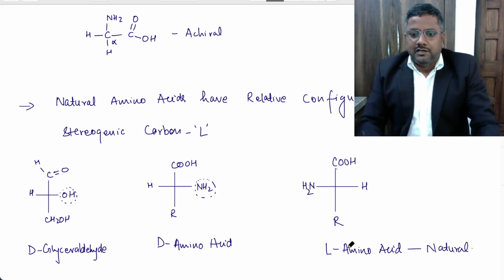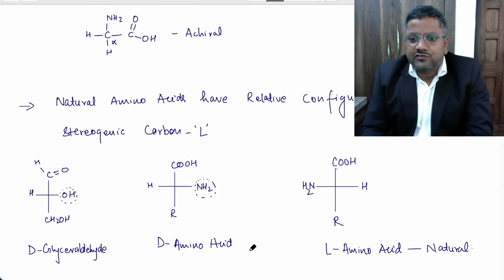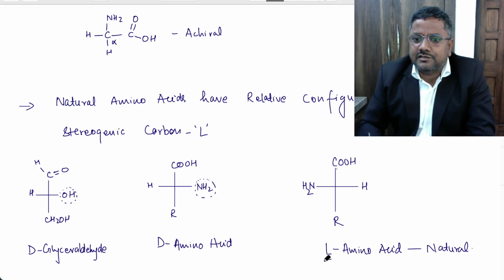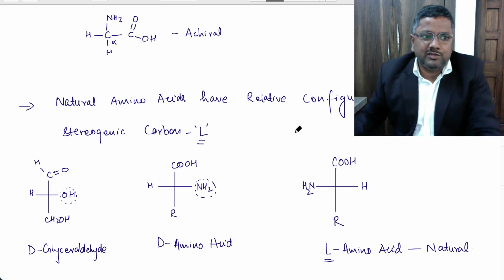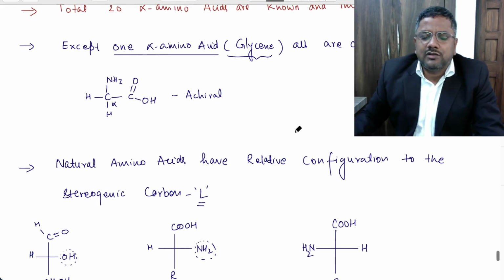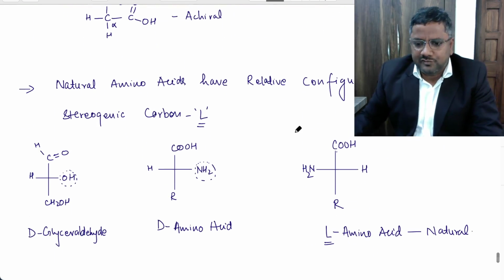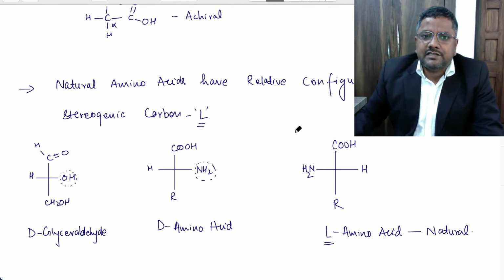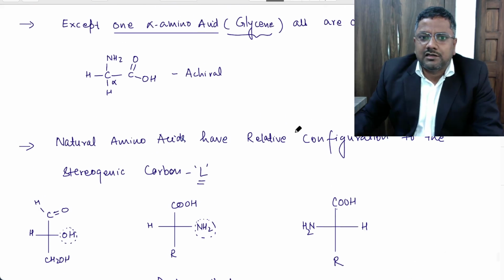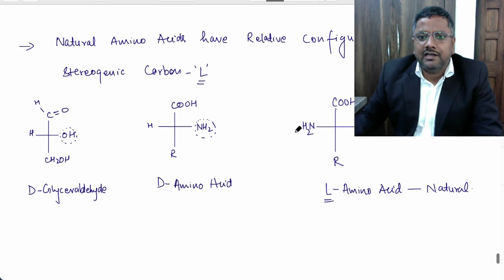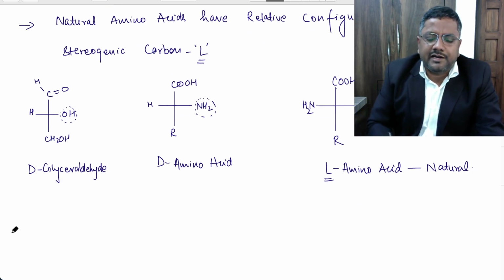In plants, animals, humans, whatever amino acid we observe, particularly in humans, that is the L amino acid, right? So the natural amino acid is L, which is abundant in humans. So in total we have 20 amino acids. Except one, all are chiral. Glycine, the simplest, is achiral.